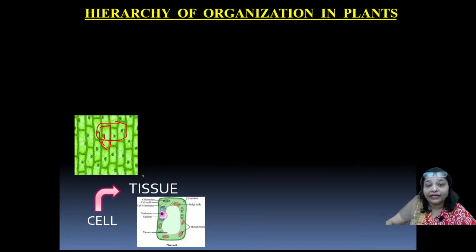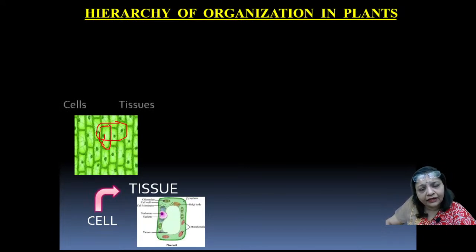Okay, so this part of the cell is going to make the plant as an organism rigid and support mechanically. Cell wall gives mechanical support to the tissues and to the whole plant, right?